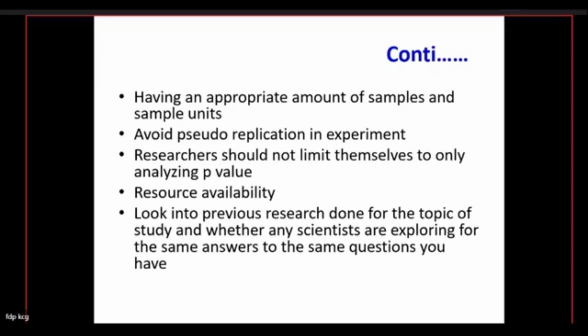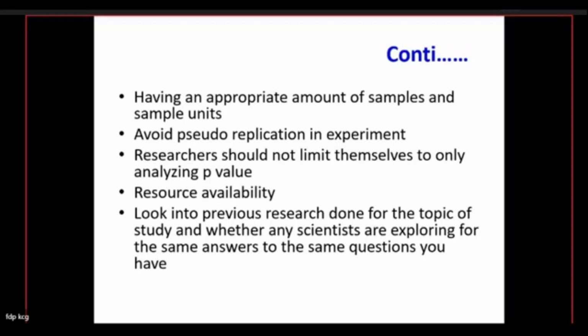Researchers should not limit themselves to only analyzing a p-value. As I said, the 95%, 99%, 99.9% p-value. Now people are just crazy behind the p-value, and they say my experiment is significant at 95%. My experiment is significant at 99%. And many will say my experimental results are significant at 99.9%.